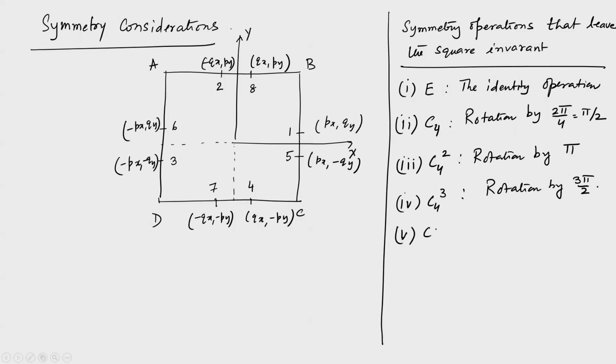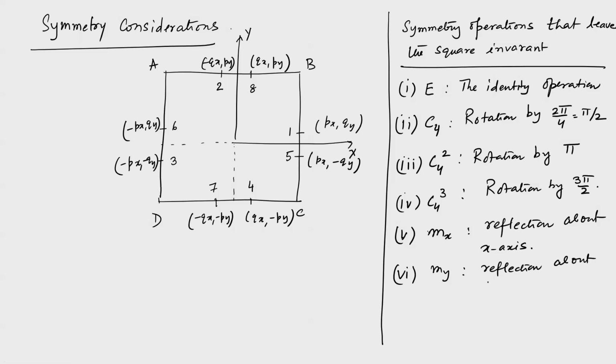Now it is a reflection about the x axis. So, let us call it mx, reflection about x axis. Number 6 is my, a reflection about y axis. Seven, sigma u, let us call this sigma u to be the diagonal BD, and sigma v to be the diagonal AC.